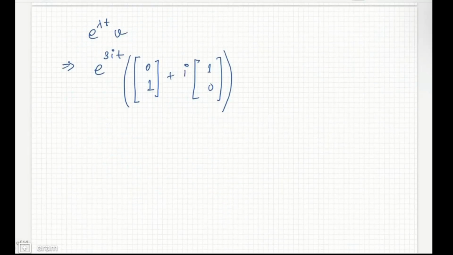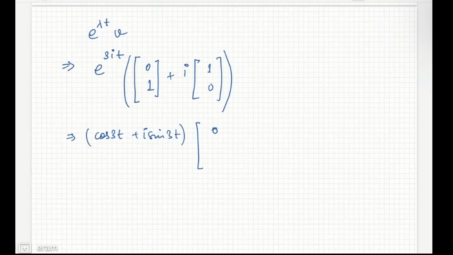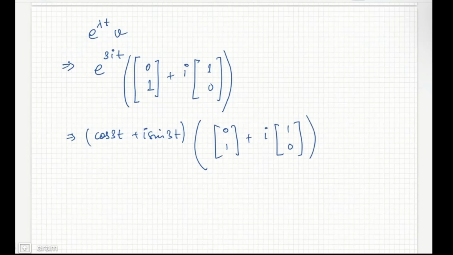Now e to the power 3it, what can we write it as? Cos 3t plus i sin 3t. The real and imaginary parts both constitute a solution basis.